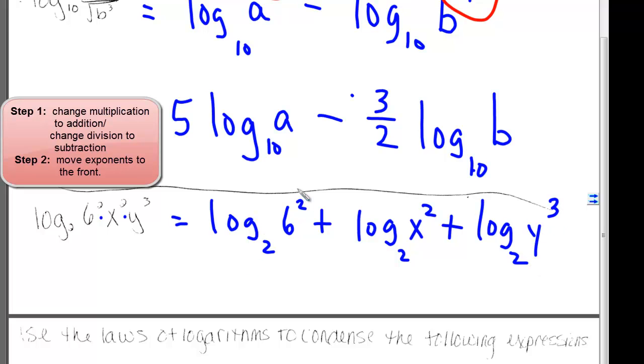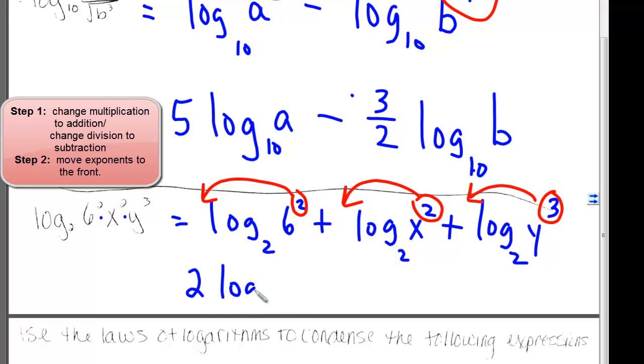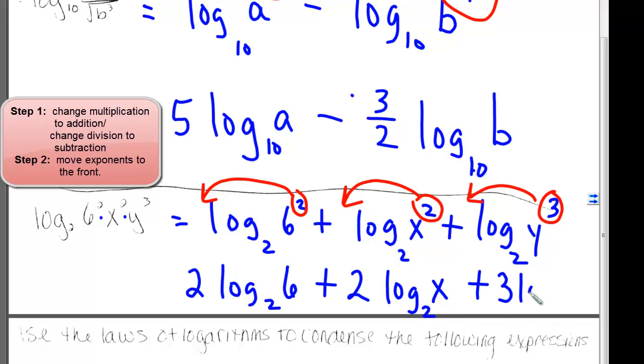I still need to take care of these exponents, and they move out to the front. This will give me 2 log base 2 of 6 plus 2 log base 2 of x plus 3 log base 2 of y. And this one is done.